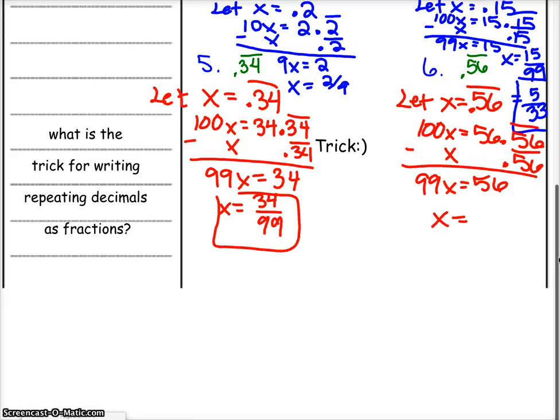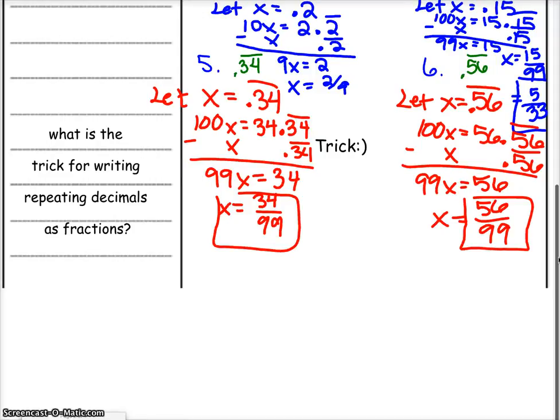X equals 56 over 99. Now I don't know if I'm simplified there either. So I'm doing the divisibility rules. 5 plus 6 is 11. 3 doesn't go into 11. 9 doesn't go into 11. So I would say I am simplified.